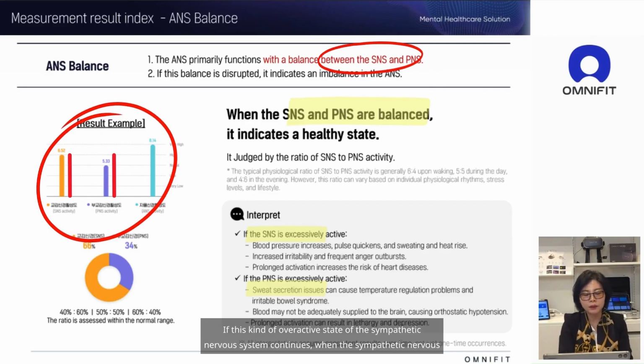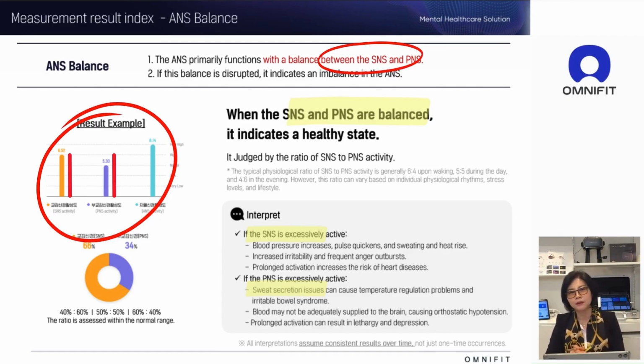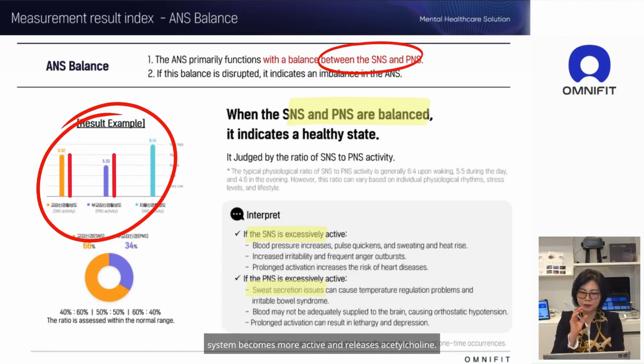If this kind of overactive state of the sympathetic nervous system continues, when the sympathetic nervous system is heightened, the neurotransmitter called adrenaline is released in a burst. Normally, this adrenaline is used up again within about 90 seconds, and then the parasympathetic nervous system becomes more active and releases acetylcholine.